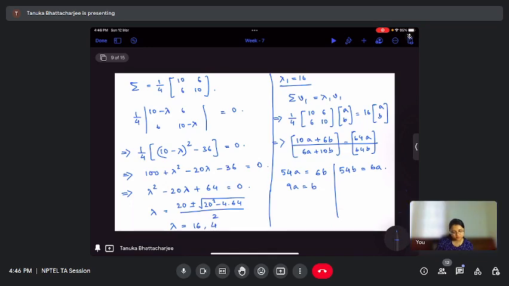A is equal to b by 9, ma'am. Yeah, a is equal to b by 9. So if we put it over here, 6 into b by 9. Okay, so I did some mistake over there. So this is again 9.